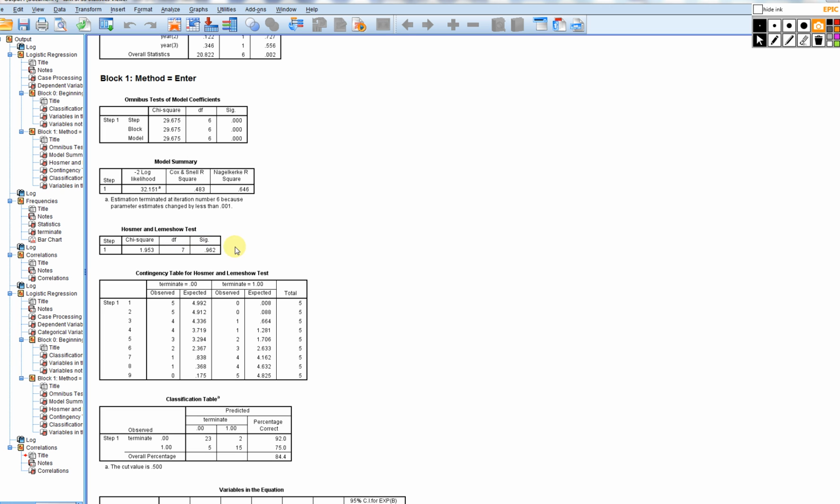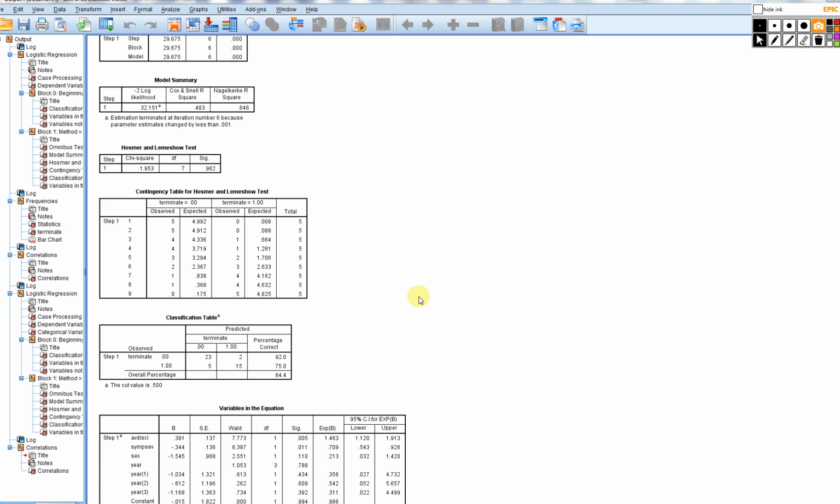The Hosmer-Lemeshow test, you can see, was not statistically significant, indicating that we actually have a good fitting model. So really, we've got pretty good evidence based on the chi-square fit over a null model, the R-square values, and then the Hosmer-Lemeshow test.